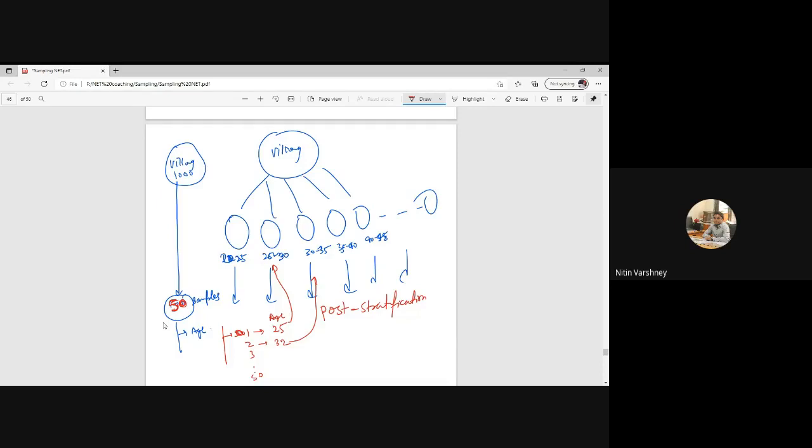So this is known as post stratification. Any doubt in this? It is also known as stratification after selection of sample.